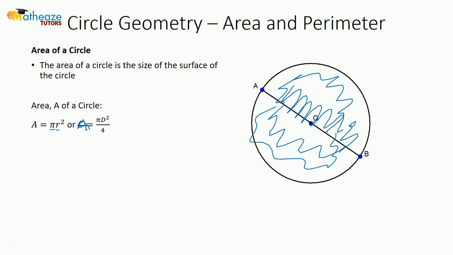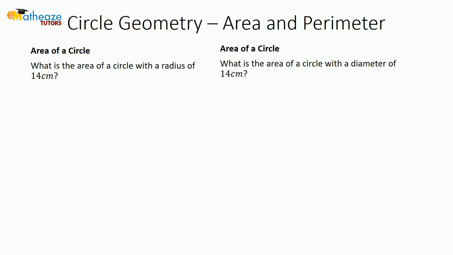And here's how we get to that. Area is pi r squared, which is the same as pi, where radius is diameter over 2, squared, which is pi d squared over 4. Now let's apply that in some examples.